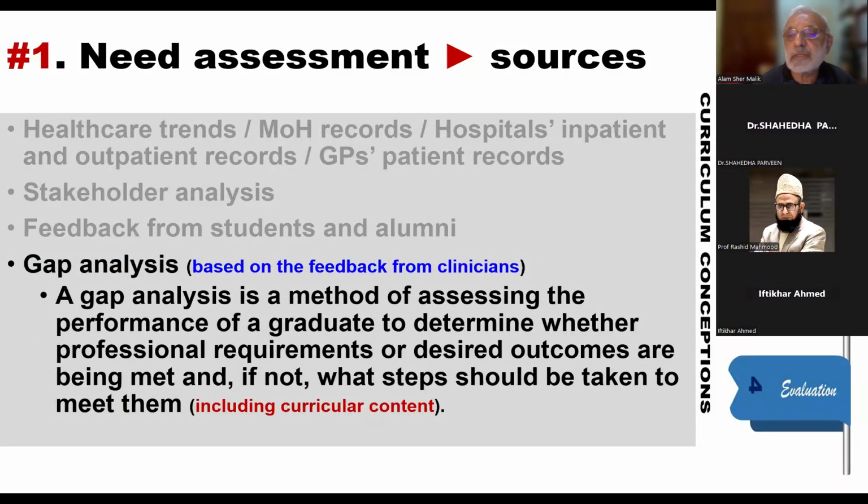That's very important. It is based on the feedback from the clinicians. And from the feedback of the clinicians, we can determine whether our graduates are meeting the professional requirement and the desired outcomes. It means when students were trained based on certain outcomes, the clinicians with whom our graduates are working can tell us whether our graduates are meeting our desired learning outcomes.